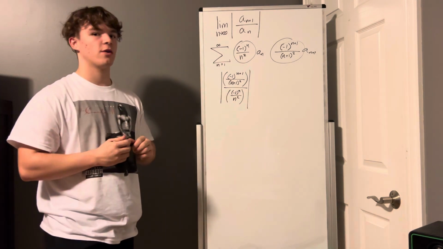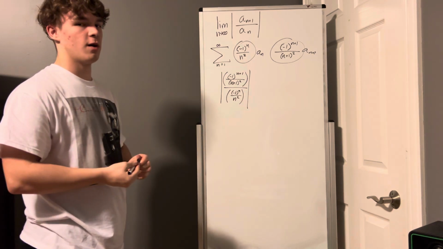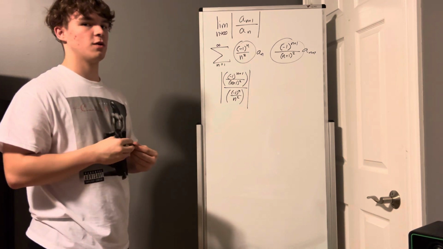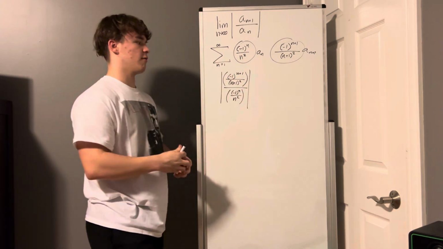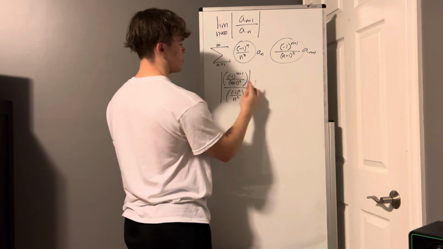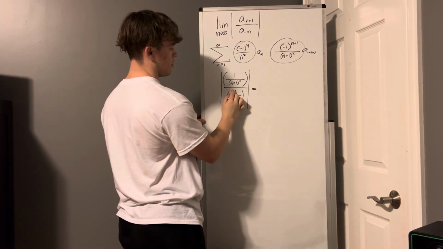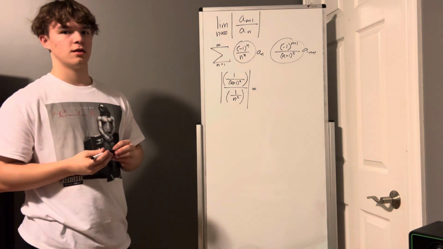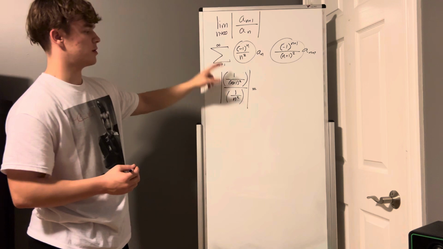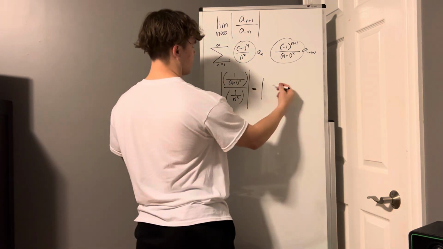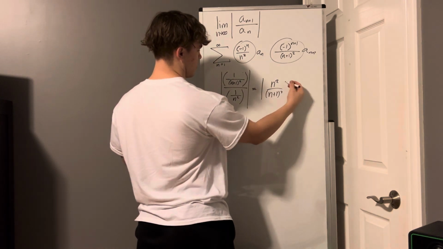Negative 1 to the power of some integer is either going to be positive or negative 1, and the absolute value of plus or minus 1 is 1. So if we're multiplying by 1, we can just completely get rid of that. So let's just get rid of this, make it 1. Let's just get rid of this, make it 1. Well, that's easy. We can just take this down to the bottom of a single fraction, take this up to the top. We've got the absolute value of n squared over n plus 1 squared.